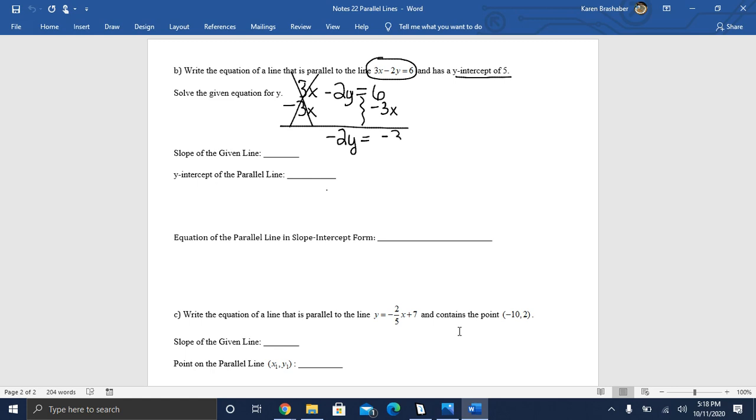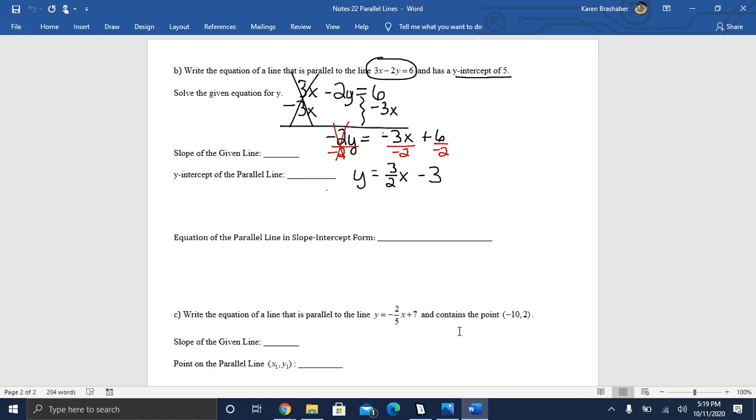So we'll write negative 3x plus 6, and then we can divide each term on both sides of the equal sign by negative 2, the number that's in front of the y, the number multiplied to the y. And so we will have y equals, now we have a double negative. Negative over a negative is a positive. So 3/2 x, and then 6 divided by negative 2 is negative 3.